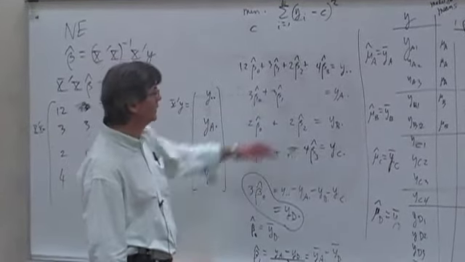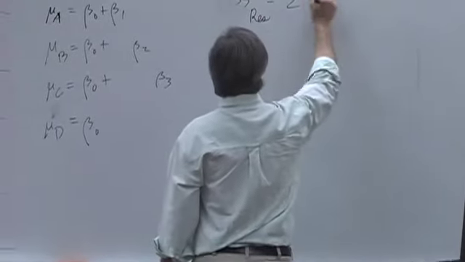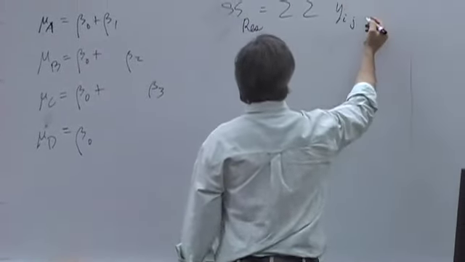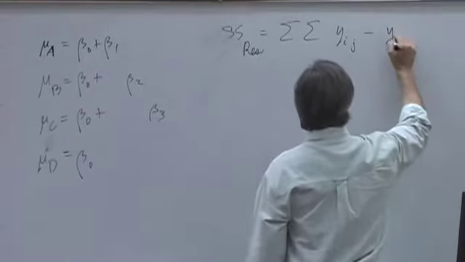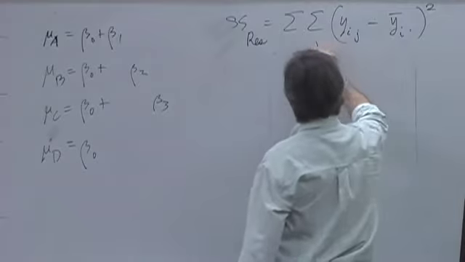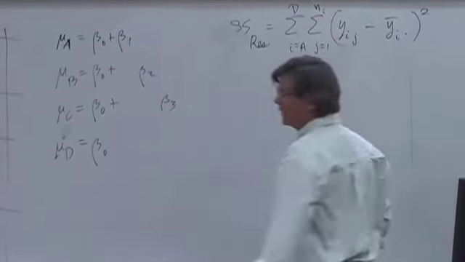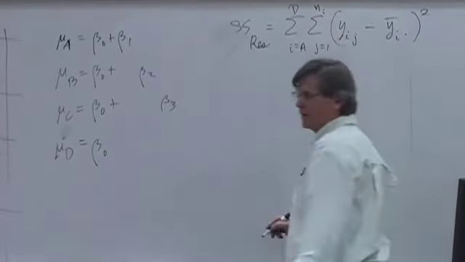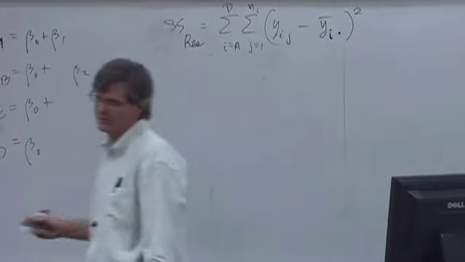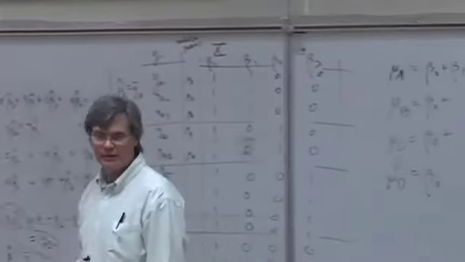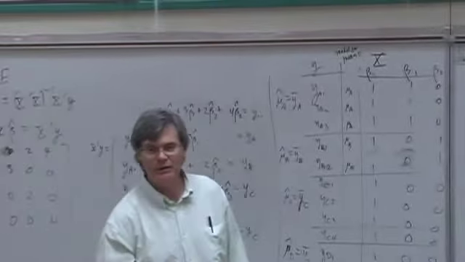So SS res is simply going to be the double summation of y ij minus y i dot bar, squared, where i goes from a to d, j goes from 1 to n sub i. Because these are the mu hats. And you can write it down in terms of the betas if you want. But that's not necessary, okay? Because this is mu hat.